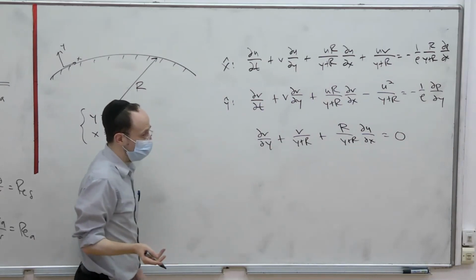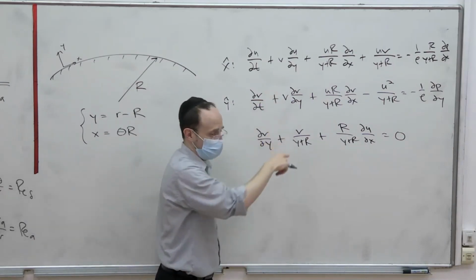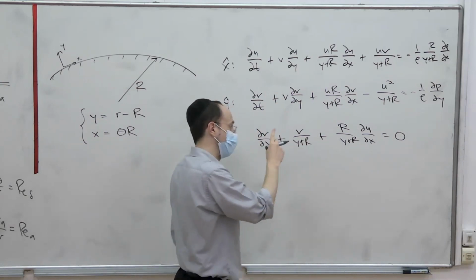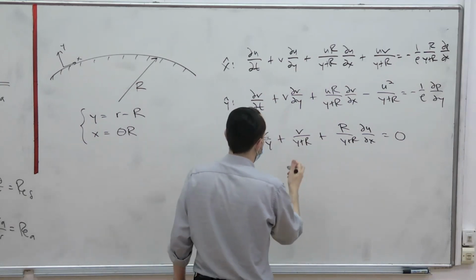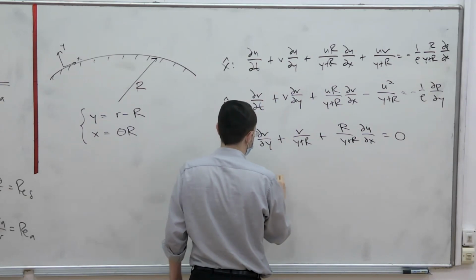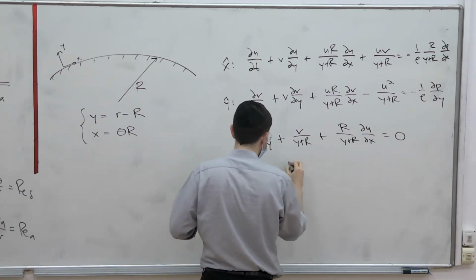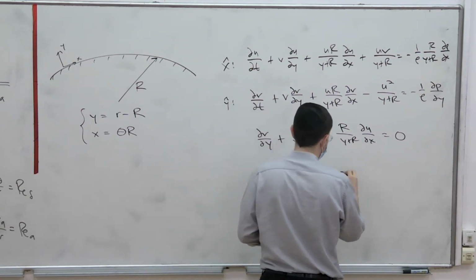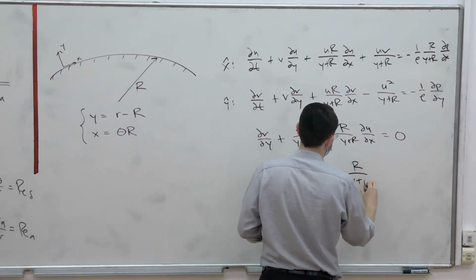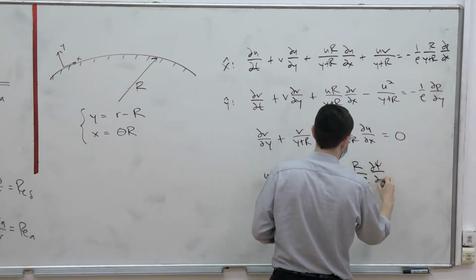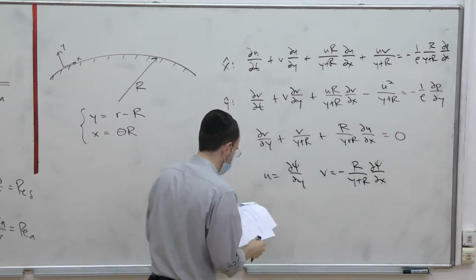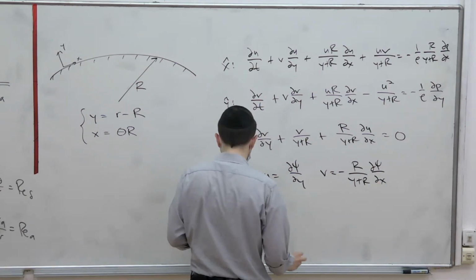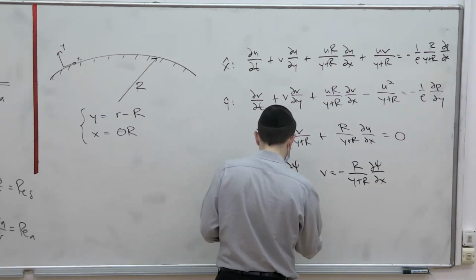Now, as we did before, we always want to reduce this down to one equation instead of two. So we use the fact that the flow is incompressible. Therefore, you can use a stream function. So we can write our u as psi_y, and our v is negative R over y plus R psi_x. And we're going to define the Laplacian, which is actually quite complicated.